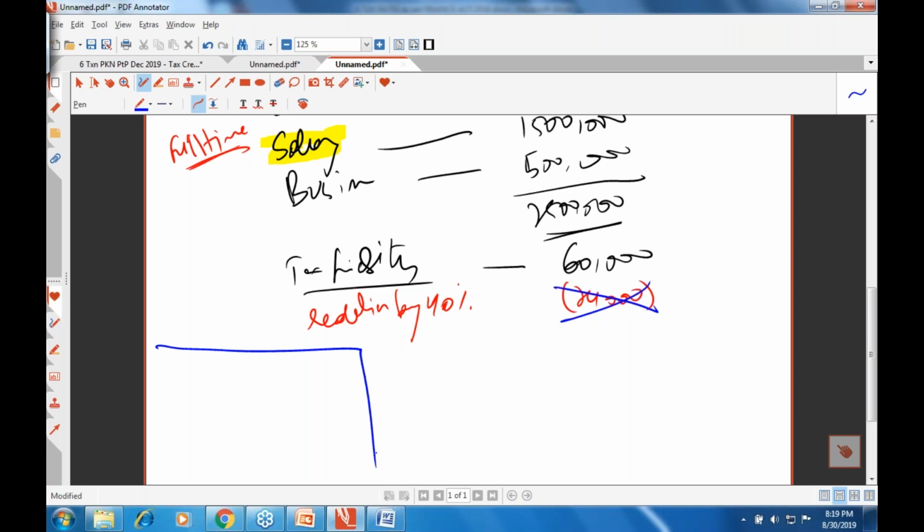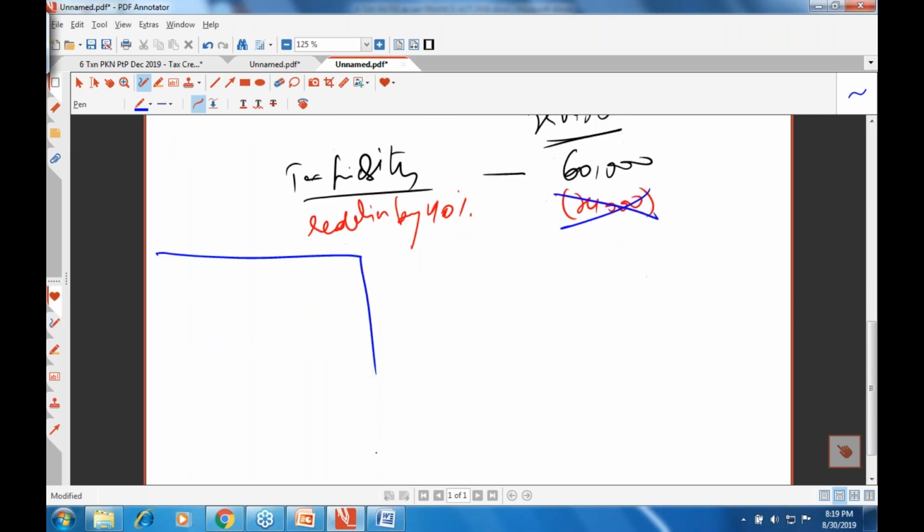In order to compute it, you would say the salary income is 1.5 million. What would be the tax liability if only the salary income's tax liability is computed? Assume that the tax liability on 1.5 million turns out to be, let's say, 25,000.